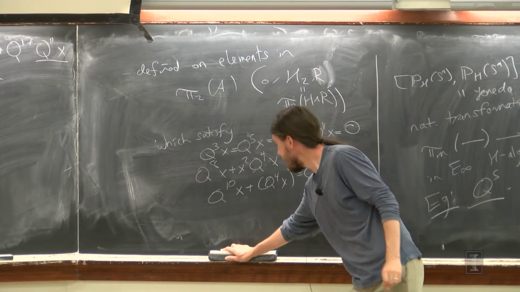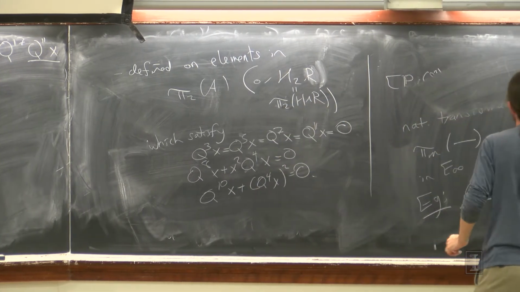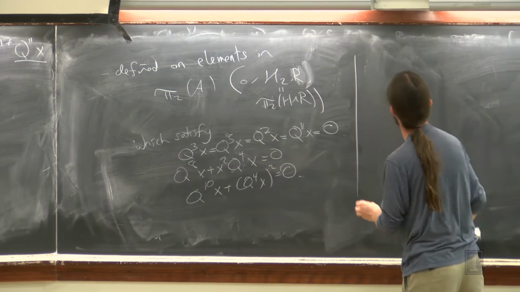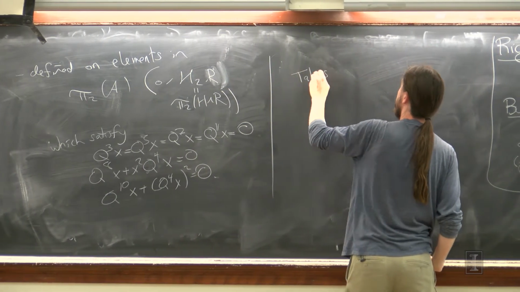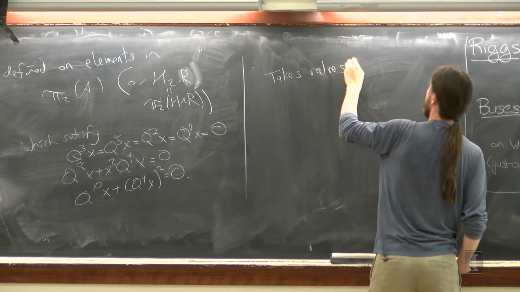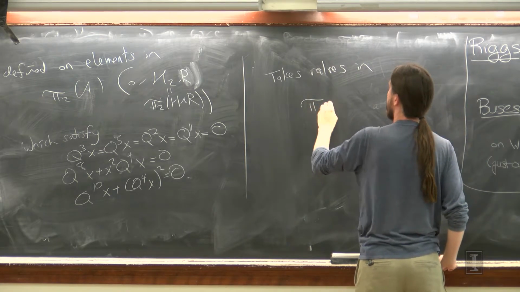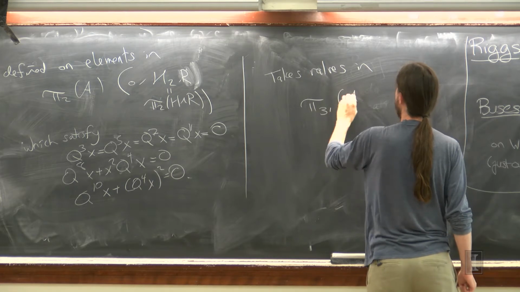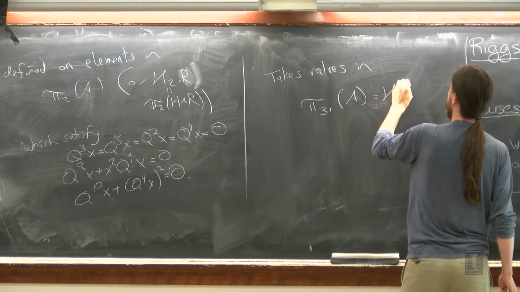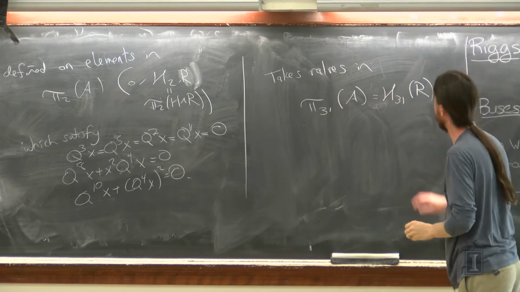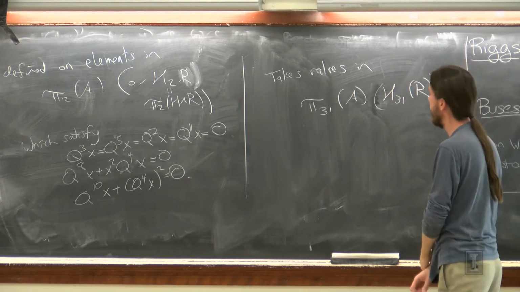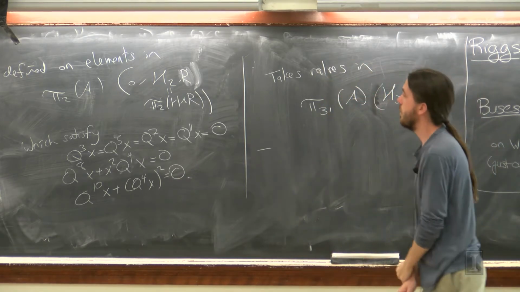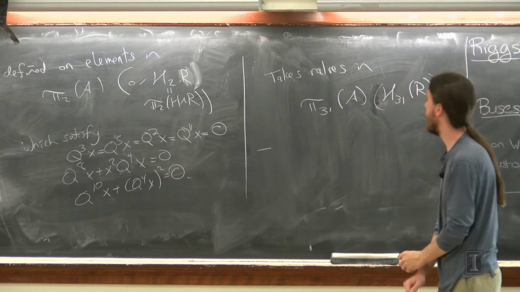Okay. And it takes values up to indeterminacy in pi 31 of this ring A, or H31 of the ring instead if we're using homology. And so that gives us the operation.